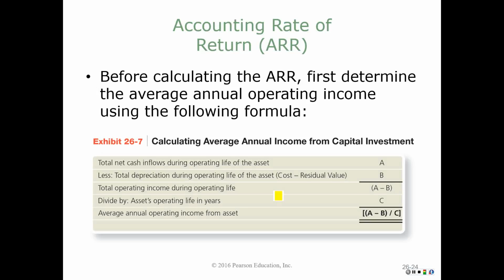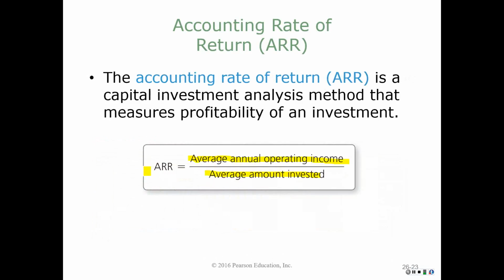Now, let me just back up quickly to say that this is the accounting rate of return, and you may sometimes hear it referred to as the average rate of return or something along those lines. It is very similar to the return on investment calculation that we looked at for investment centers.